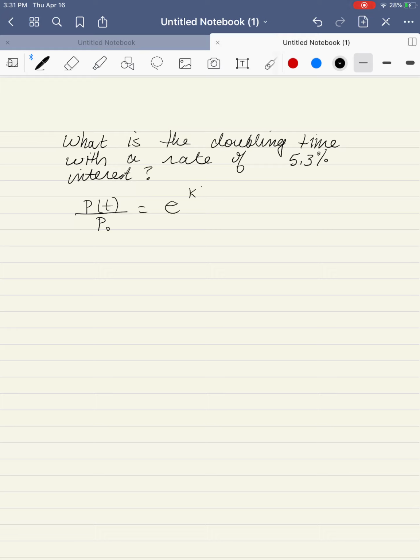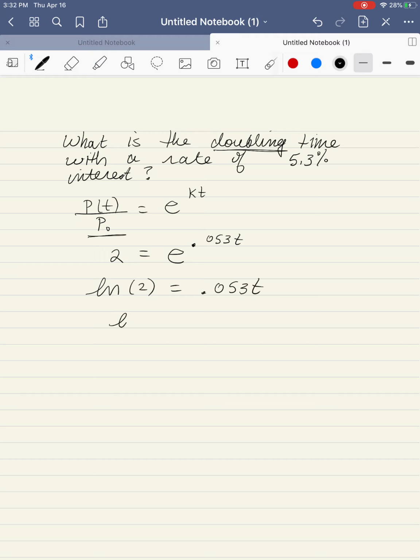I have already jumped into the problem after I have divided by the P sub 0. And because it's a doubling time, that tells me P of t over P sub 0 is equal to 2. And my interest rate is 5.3, and it is a growth rate, so it is a positive 0.053 t.